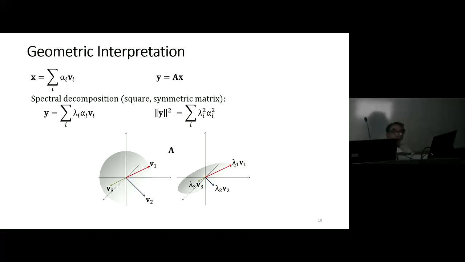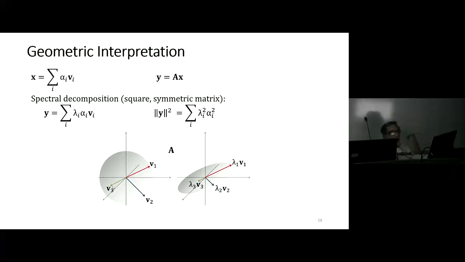Next, we want to look for another direction which maximizes the stretching, but it must be orthogonal to v1. So the answer is make alpha 2 equal 1 and the other alphas equal 0, and hence you get x equals v2. So we get y equals lambda 2 v2.